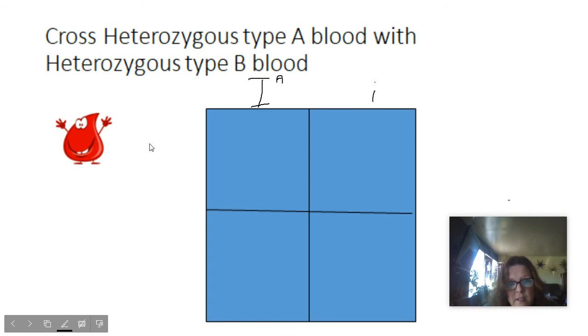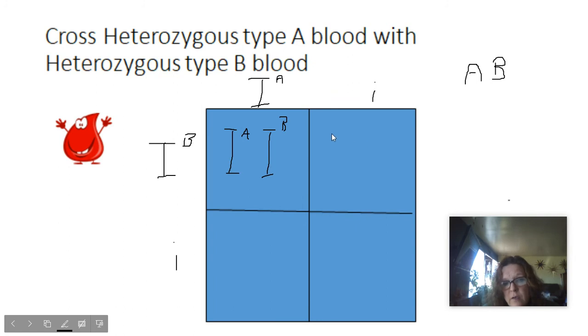And heterozygous type B blood. Okay, so you can see here you're getting a dominant A and a dominant B from that parent. So your blood type here would end up being A, B.